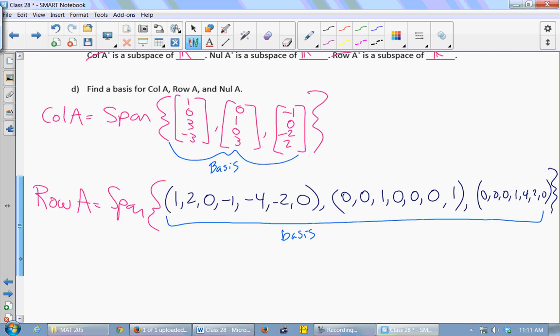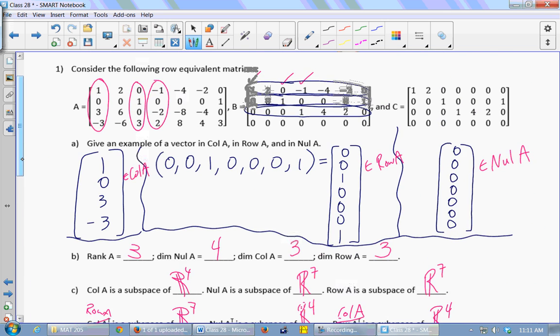All right, so if I want to find a basis for the null space of A, how do I do that? So the null space of A is the set of all vectors that get sent to the zero vector.